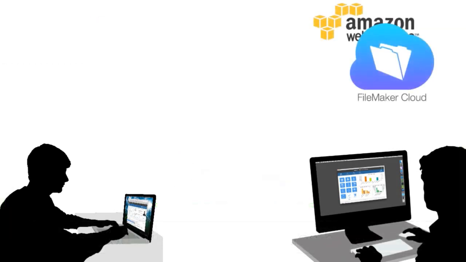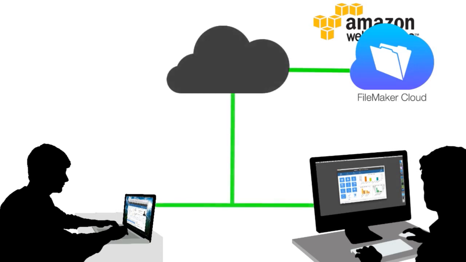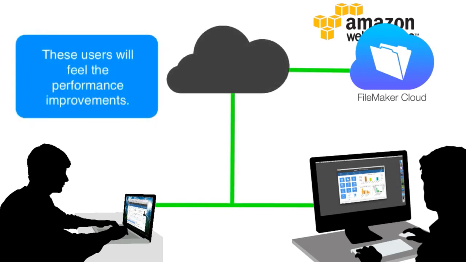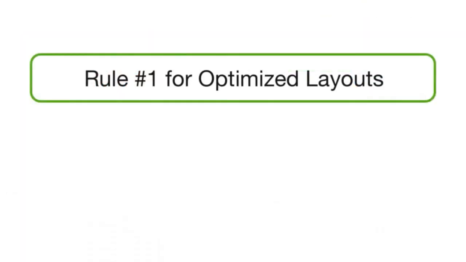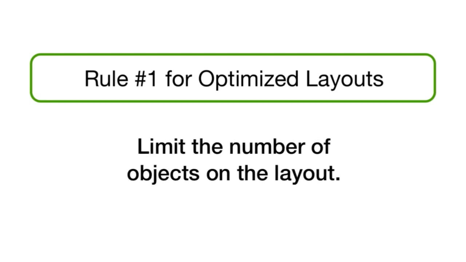However, as the world moves towards using cloud-based services and a FileMaker cloud-based server, you're going to be pushing data across the internet. Users will feel these performance improvements that you may be making to the FileMaker solution. Or if you haven't been making them, then they may notice a very slow solution. So rule number one about making optimized layouts for your FileMaker solution is to limit the number of objects on the layout.